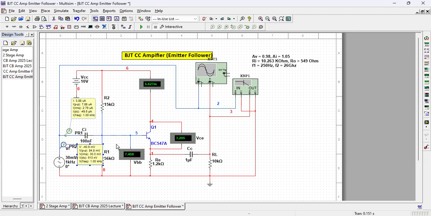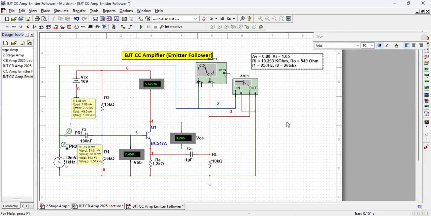So input resistance is 84.8 millivolt, that means 84800 micro divided by current 7.88 micro. So input resistance becomes 10.76 kilo ohm.